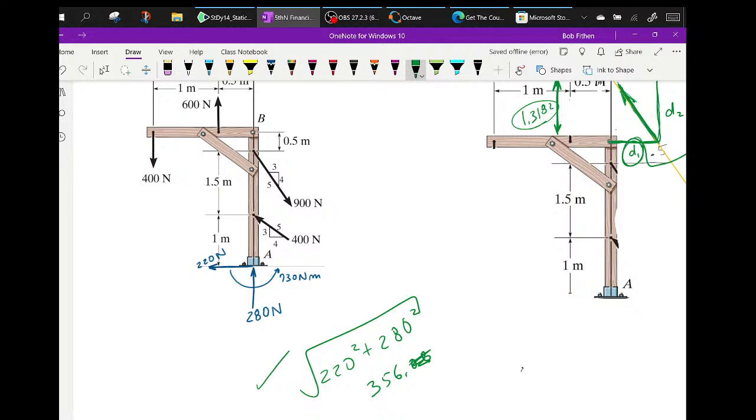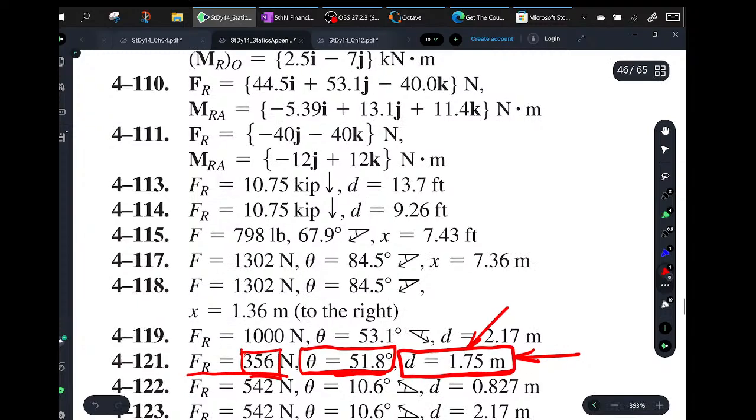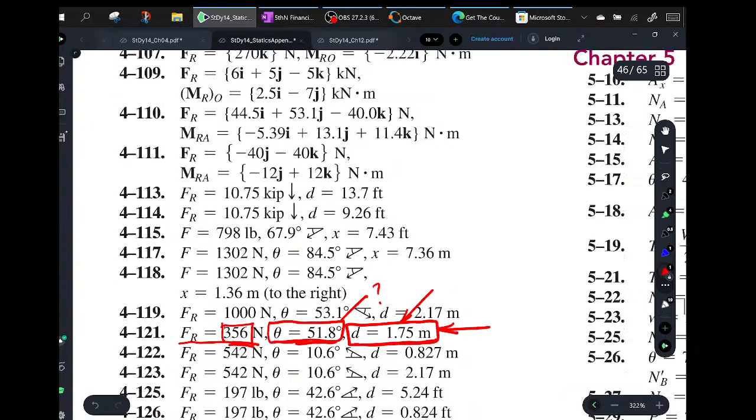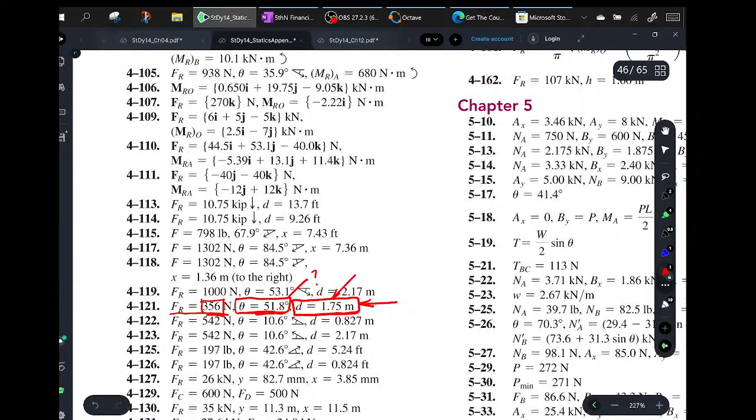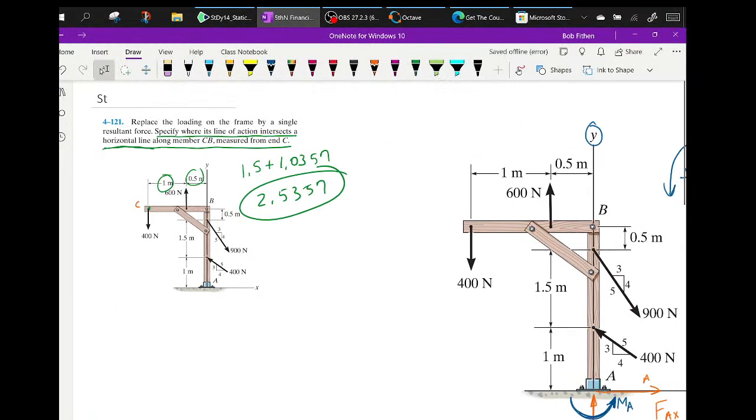Now, he's telling us 51.8 degrees. Okay. Well, first of all, which angle? Let's go back to here and find out how he asked that question. Horizontal line.